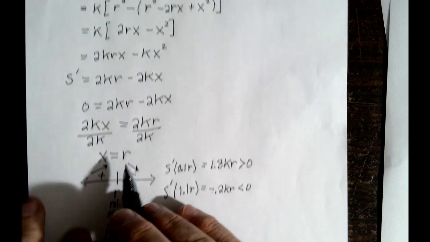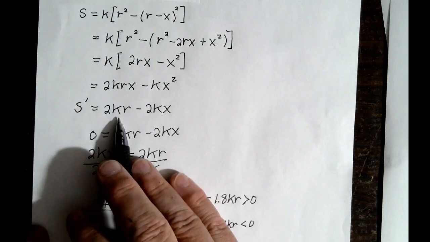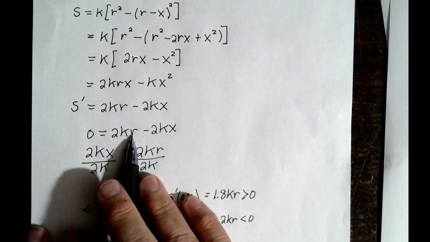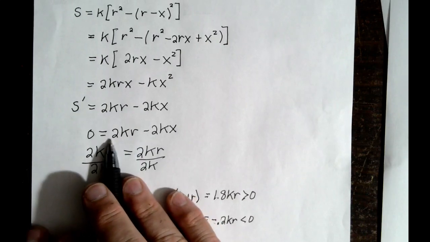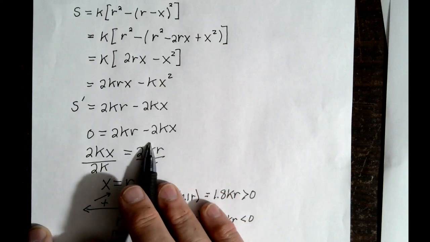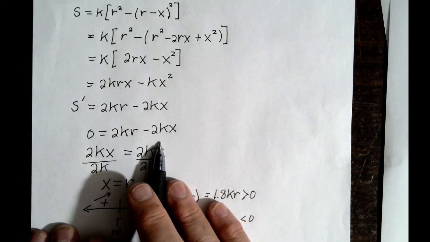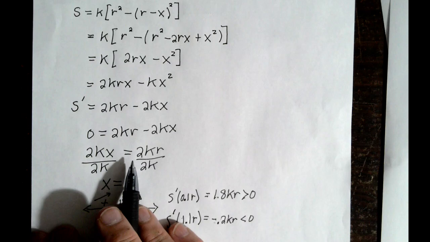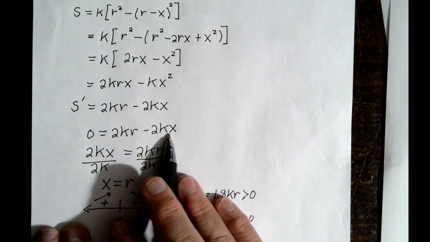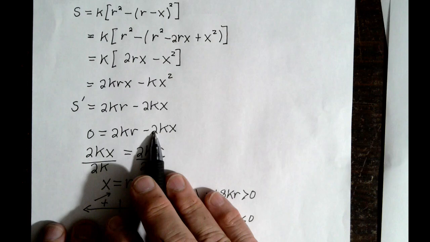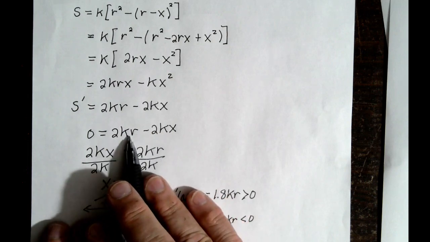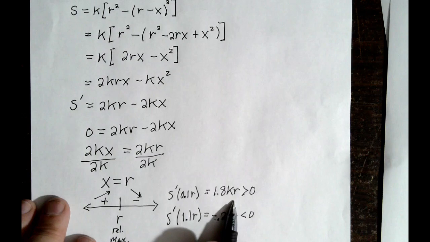And when you plug those into the first derivative, instead of x you plug in 0.1 r, you get 2kr and 0.2kr, and since you're subtracting 0.2kr from 2kr, you get 1.8kr, which is positive.